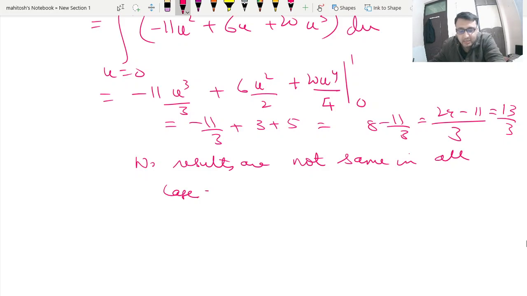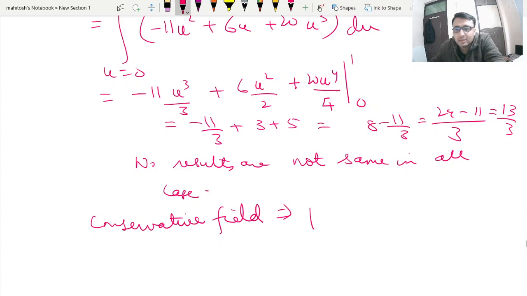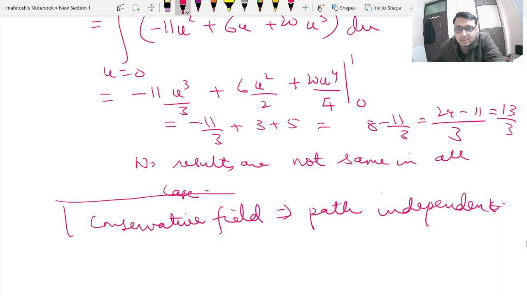Now we have already said that unless the vector field is conservative, that is its path independent. Okay, so whichever path you take, it will be a conservative field.